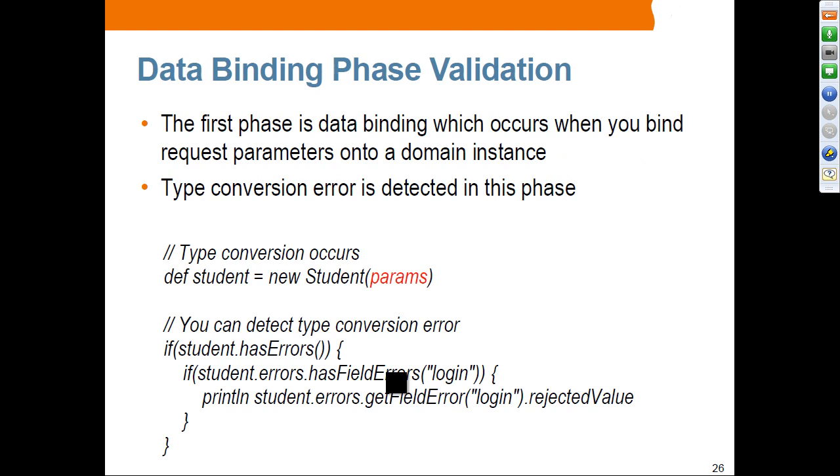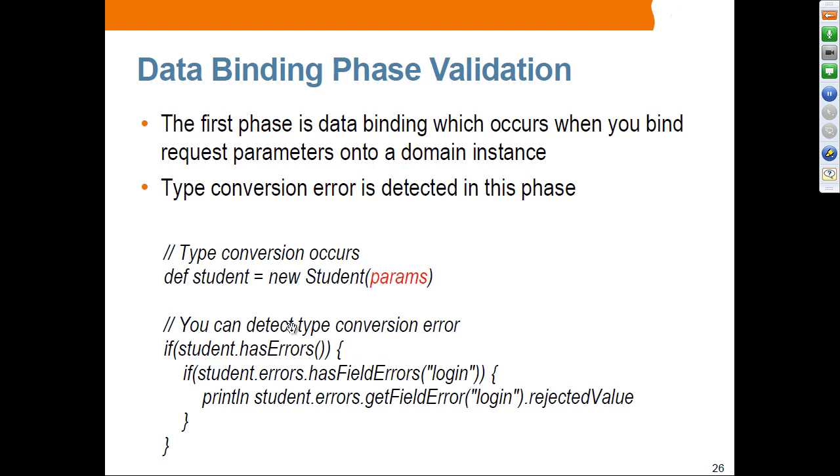So let's take a look at the data binding phase first. The first phase is the data binding, which occurs when you bind request parameters to the domain instance. In this case, a type conversion will occur, and if there is in fact an error, that gets detected in this phase. If you expect an integer value, but what the user has entered is a character value, then the type conversion error will occur, and that gets detected here.